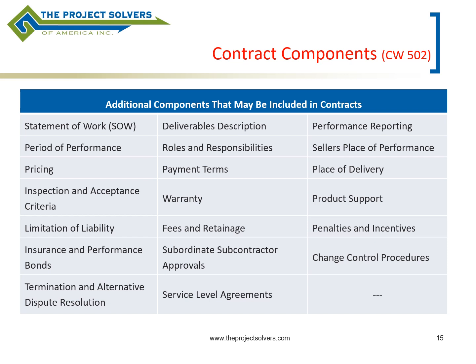Some of the aspects of a contract would include the statement of work, which is a very important part of it, the period of performance, or when is it going to take place, what is the pricing and the fees within the contract, how will the work of the contract be inspected, how will it be accepted, is there any limitation of liability, do you need to have insurance or performance bonds for very high capital type projects, and if there's a claim that is going to be filed, is there an alternative dispute resolution method, and if so, who would that be and what is their contact info?